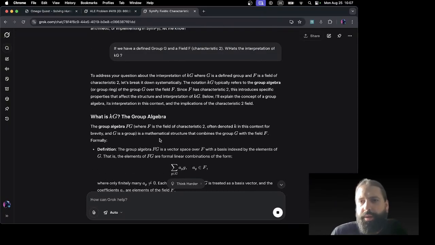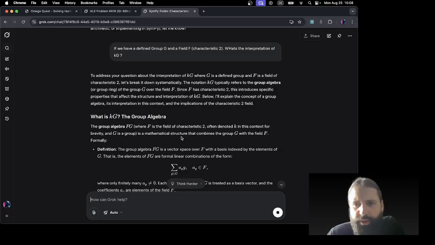A group algebra, or group ring, of the group G over the field F. Fg, where F is the field of characteristic 2, often denoted K for brevity. G is a group.